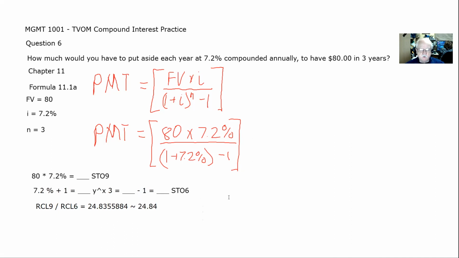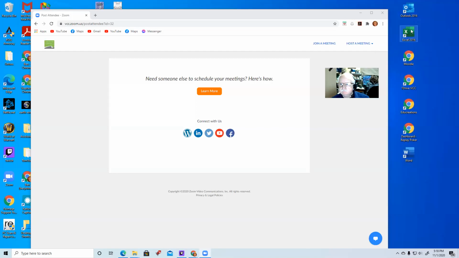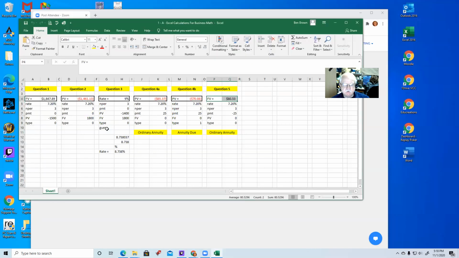So that's all fine and dandy, but let's see if we can figure out how to do this in Excel. So we have our calculations here. Now notice we've solved for future value, present value, rate. We haven't tried solving for the payment yet.